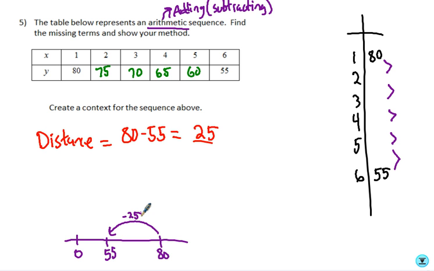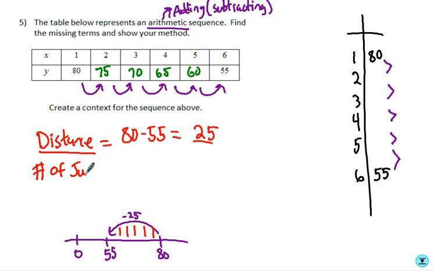But we didn't make this jump in one big jump. We actually broke it up over 1, 2, 3, 4, 5 jumps. So I'd have to say, how much would each jump be? It wasn't one big jump. It was broken up into 5 smaller jumps. So it's going to be the distance divided by the number of jumps.